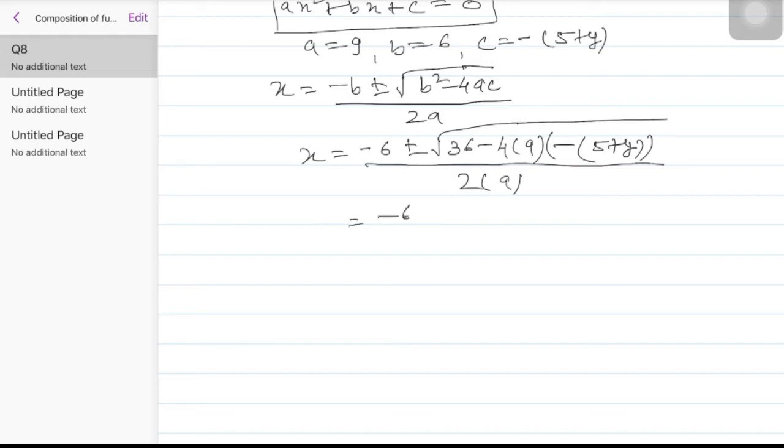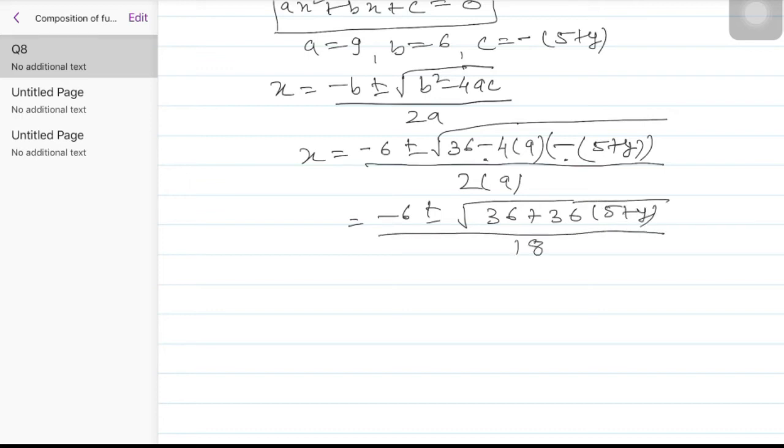So this will become minus 6 plus or minus under the root 36 plus 36 times 5 plus y, divided by 18. Now we can take 36 common from inside the square root, and when it comes out it will become 6. Minus 6 plus or minus 6 under the root 1 plus 5 plus y divided by 18.